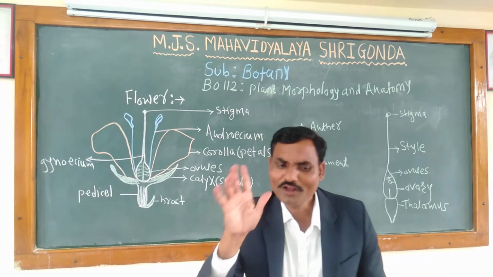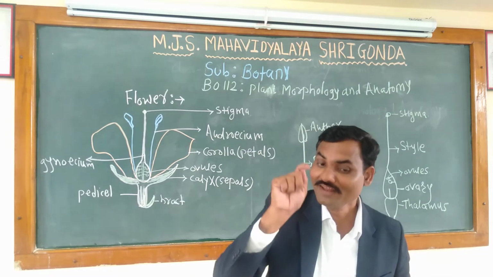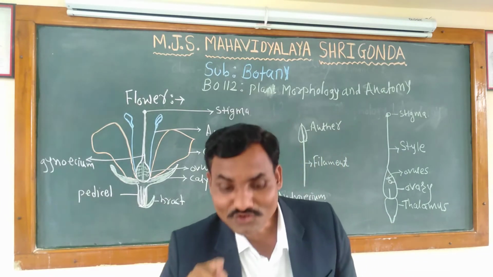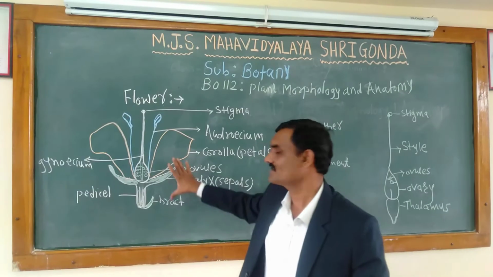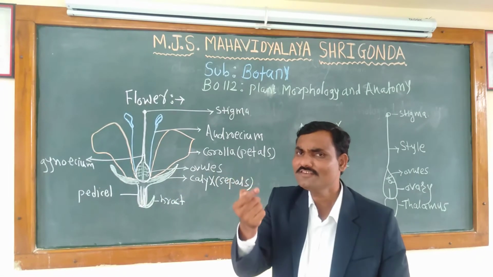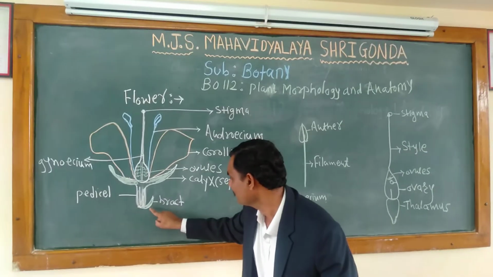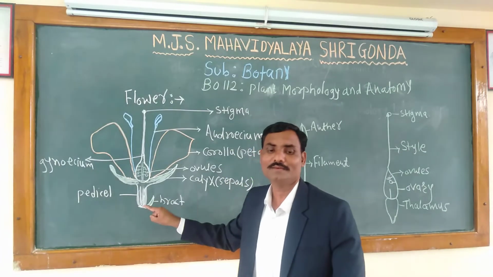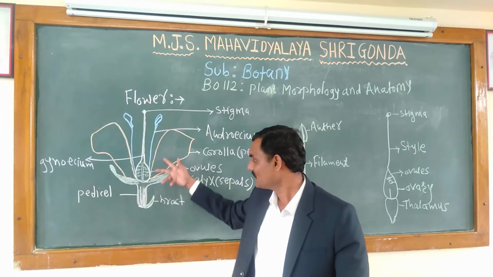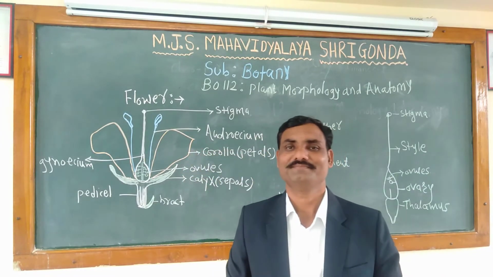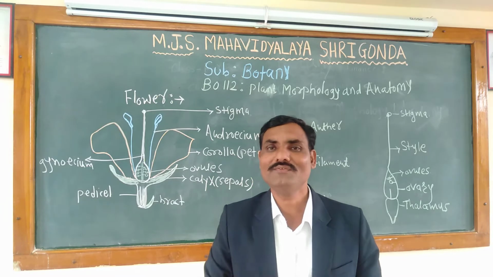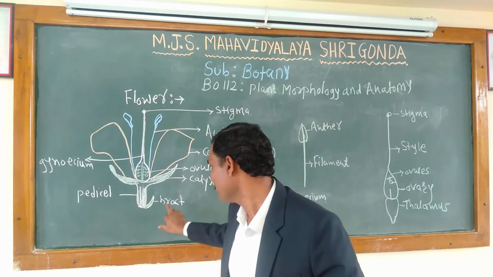Then a small leaf-like structure is also associated with the flower. Then there is a small leaf-like structure which is associated with that shoot, and that is called a bract. That leaf-like structure is called a bract.